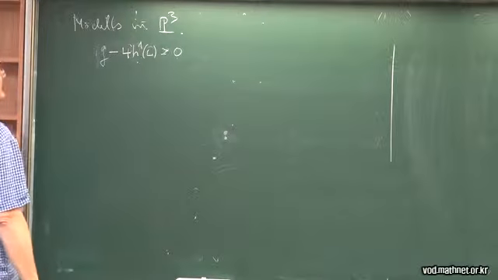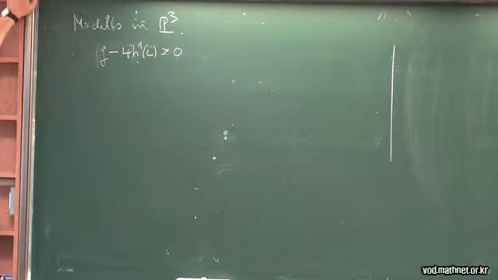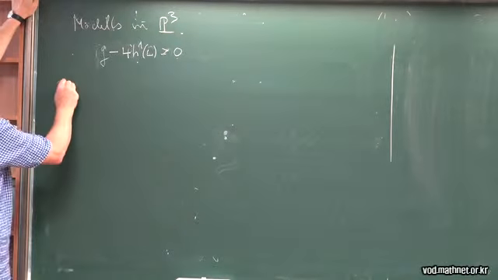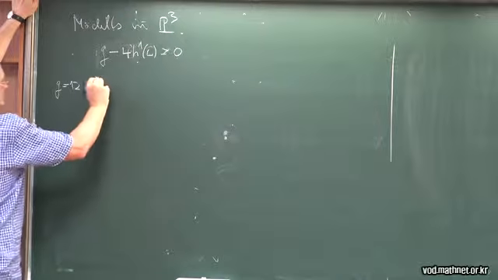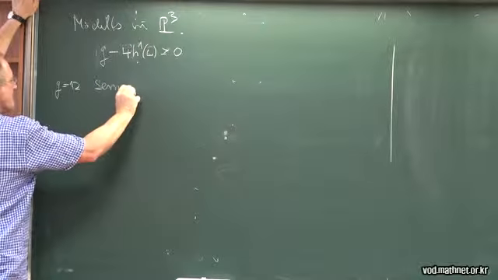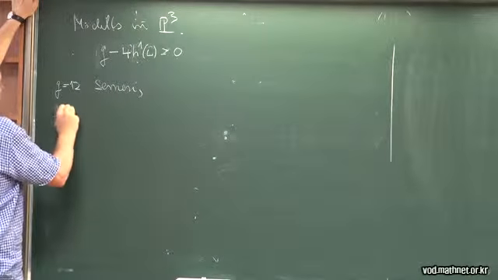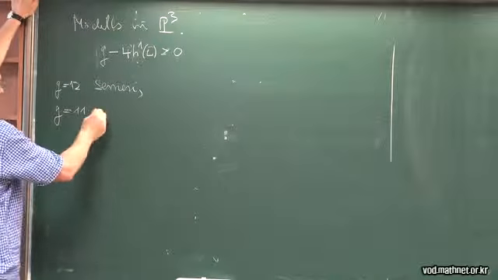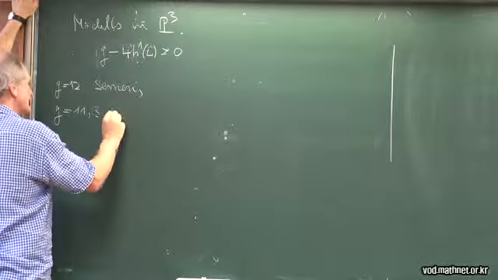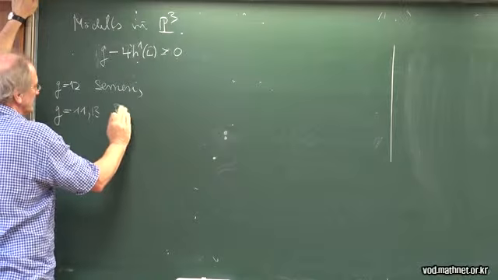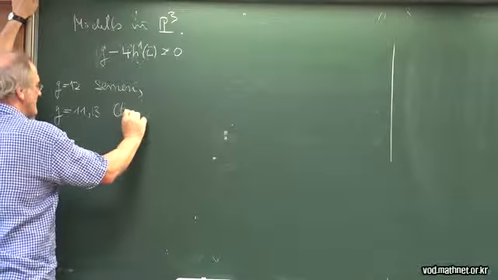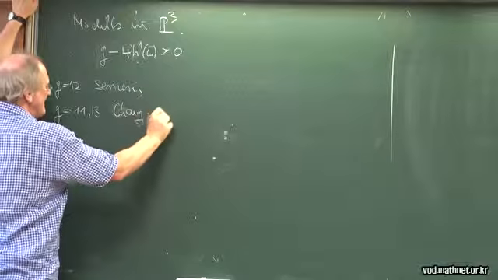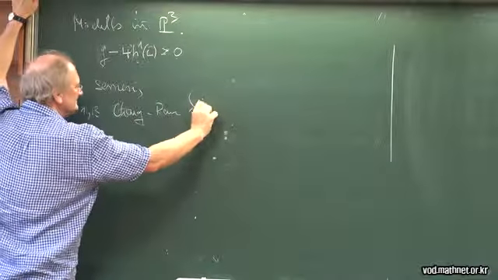So a tempting case is actually g equal 12. This was done by Zanesi. Or g equal 11, and 13, which was done by Chang and Ran in the 80s.